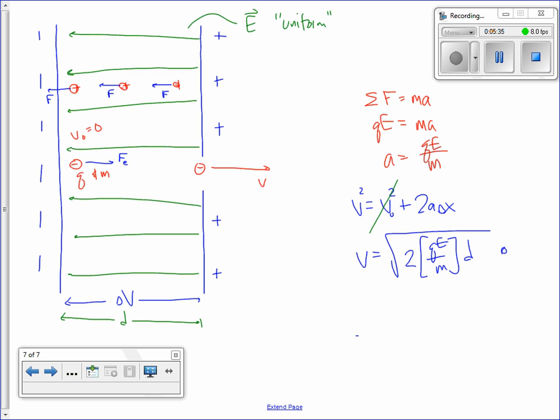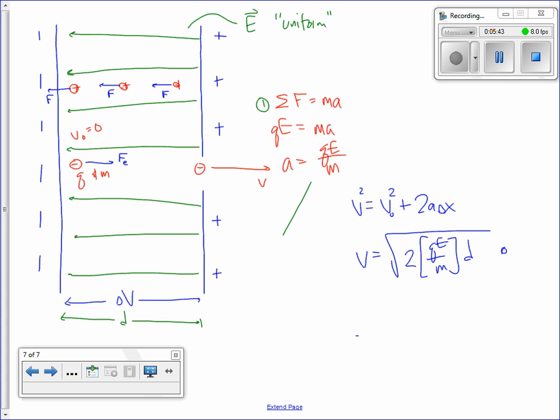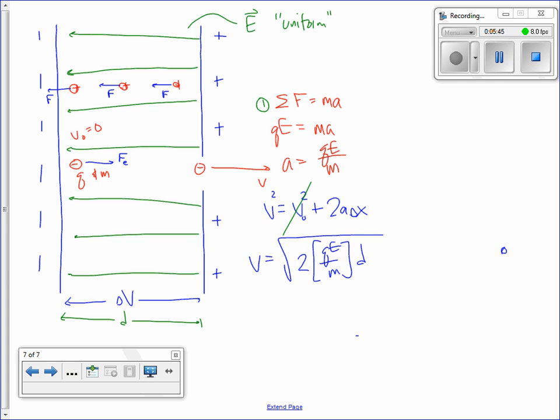So this is sort of method 1. Method 2, hang on, let me move method 1 over here. Method 2, we're saying that work changes energy.